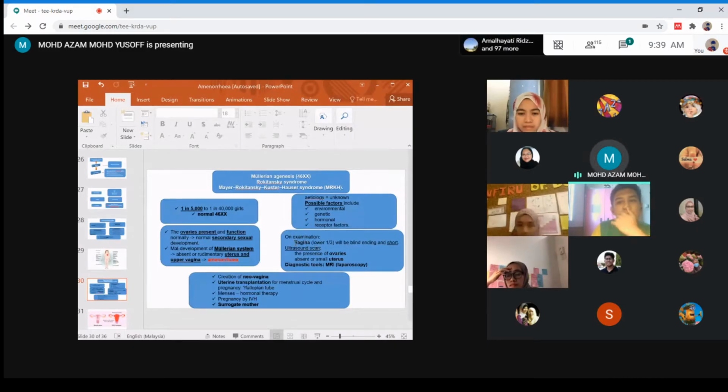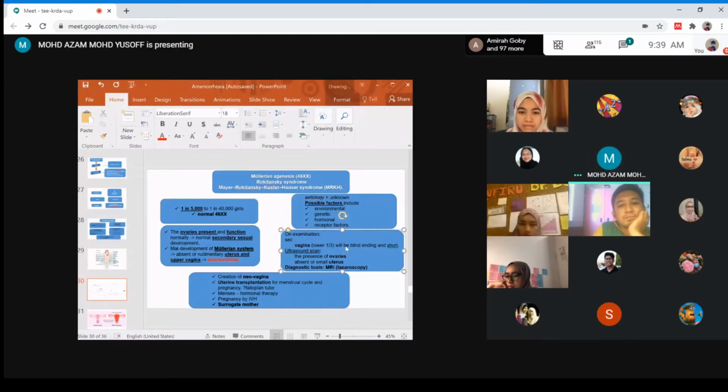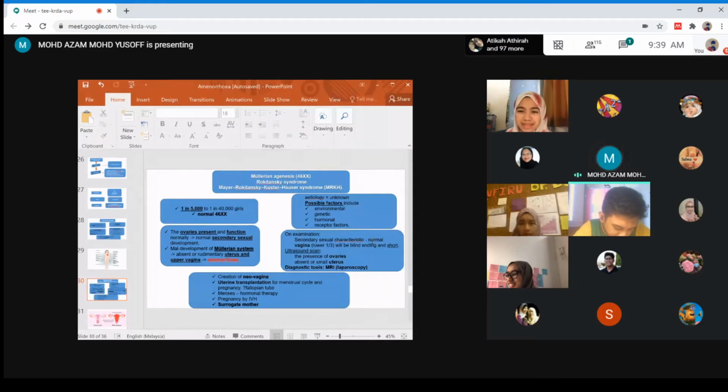Examination, you check the vagina and external genitalia, because on examination the secondary sexual characteristics are normal. The external genitalia are normal, but for the vagina, there is only a vaginal pit.